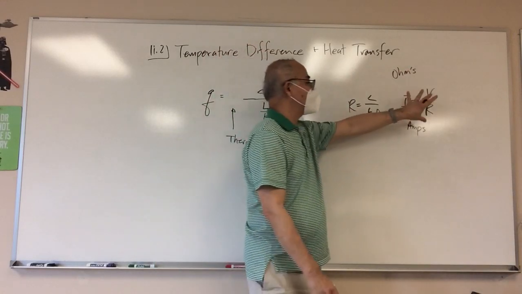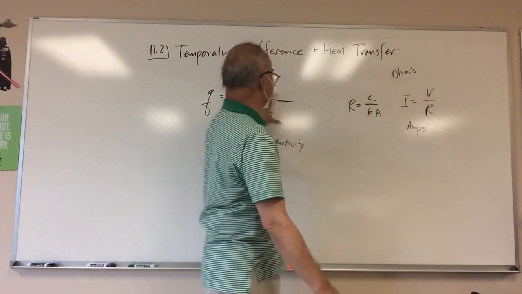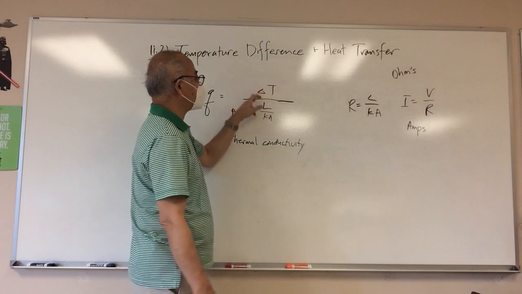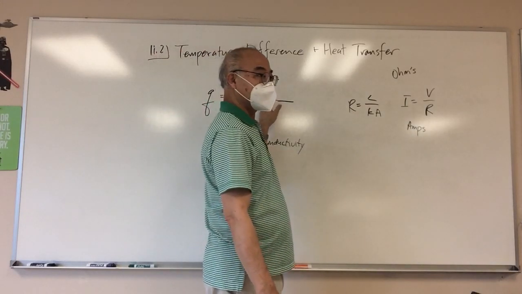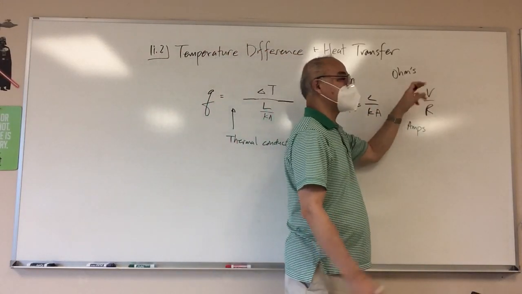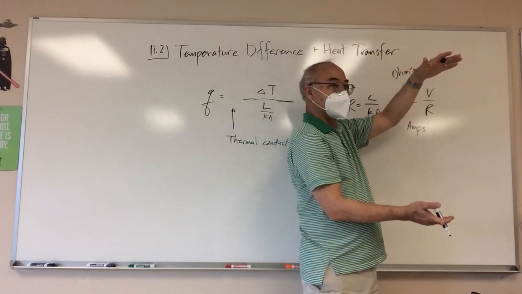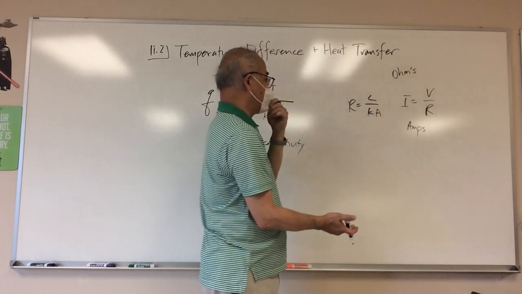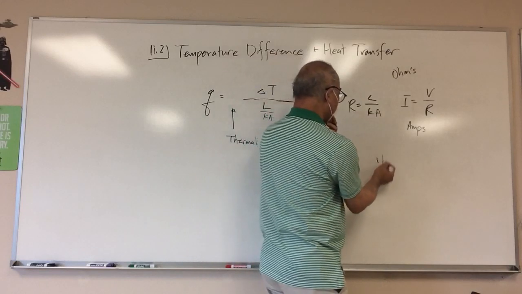But there's something similar to this here. Delta T would be the difference in temperature, and this voltage is a difference in voltage, from high to low.